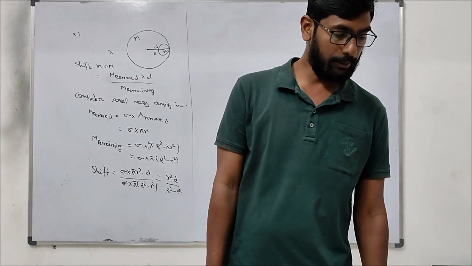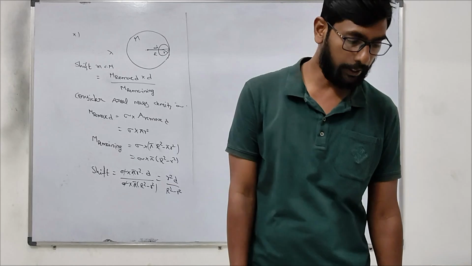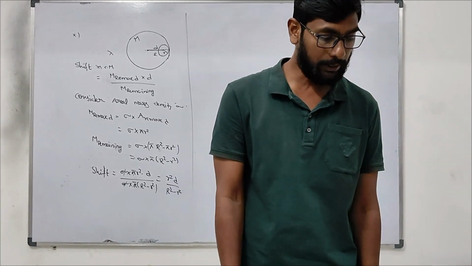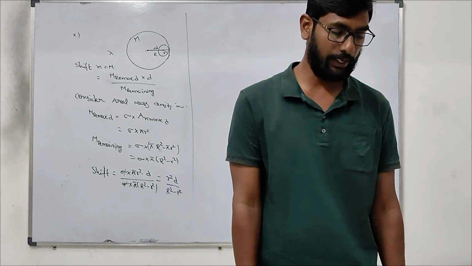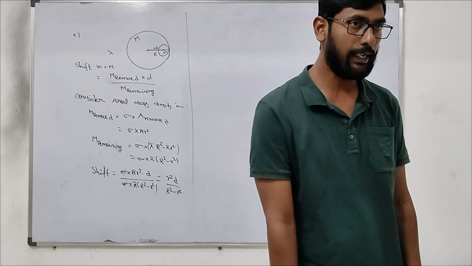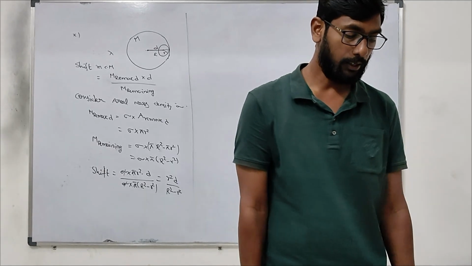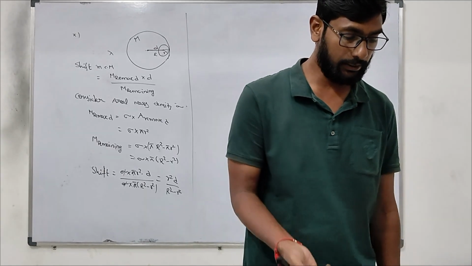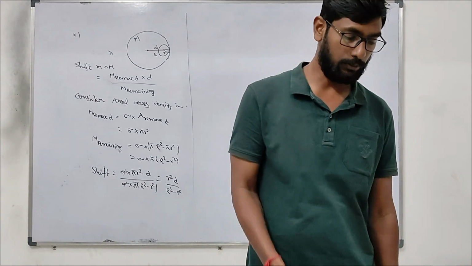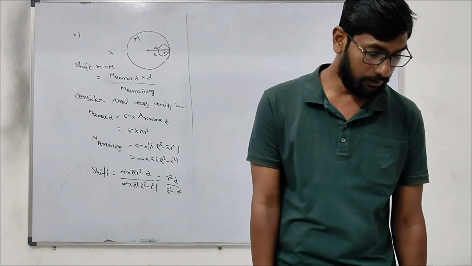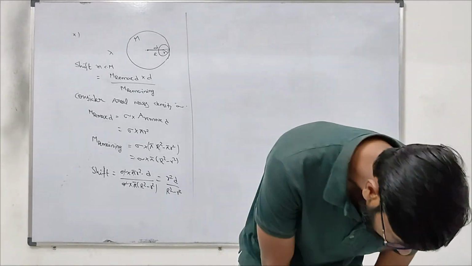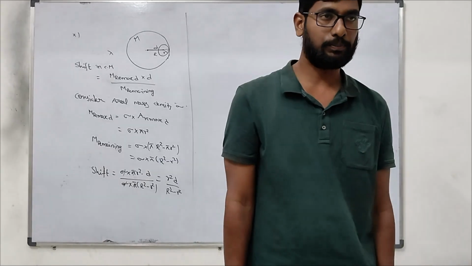If it is a semicircular disc, then 4r by 3 pi from the center. Hemispherical shell of radius r, this will be r by 2. Solid hemisphere of radius r, then 3r by 8. Hollow cone is h by 3. Solid cone means 2h by 3, both from the base. Isosceles triangular plane, that also h by 3.